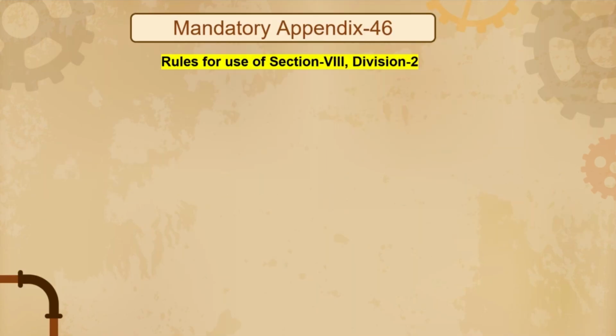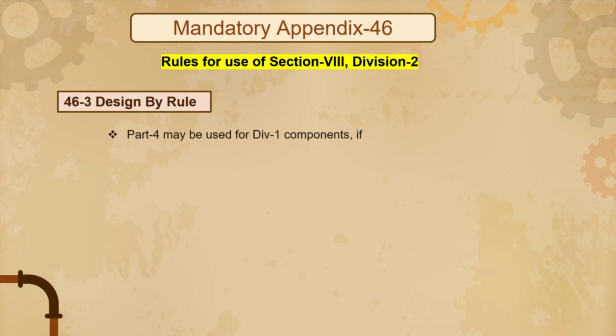Let's move to the next one, that is UG-46-3. In UG-46-3, some more conditions are given for the design by rule method. Part 4 may be used for Division 1 components. I already told you Part 4 formulas may be used for designing Division 1 components.